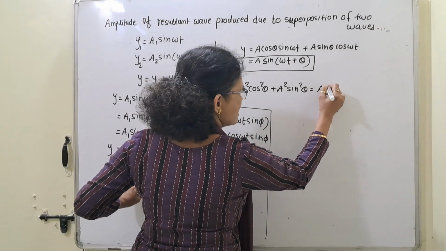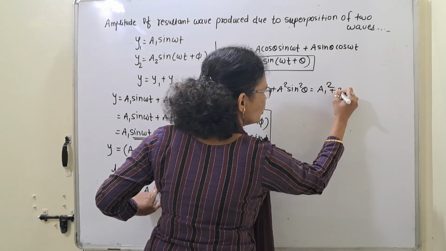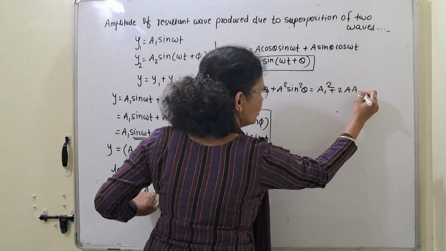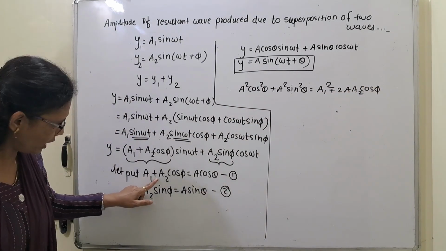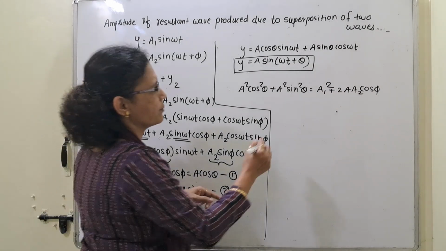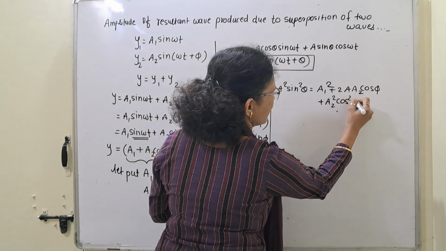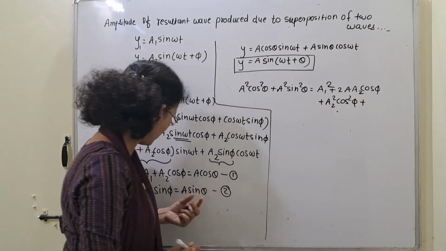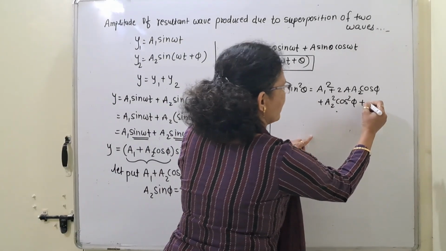See, a1 square plus 2 a1 a2 cos of phi, see here, 2 a1 a2 cos of phi, plus a2 square cos square phi, plus the square of this term, that is a2 square sin square phi.